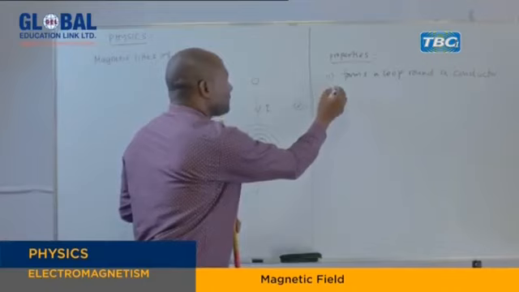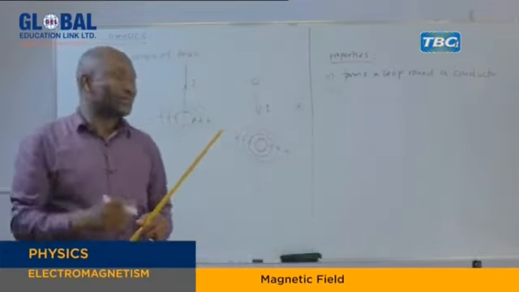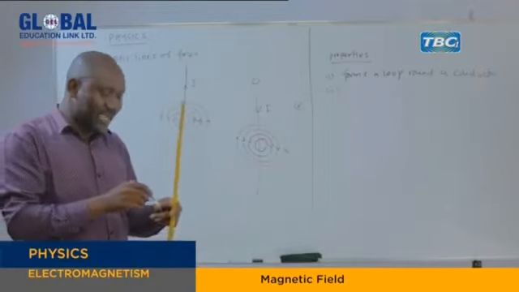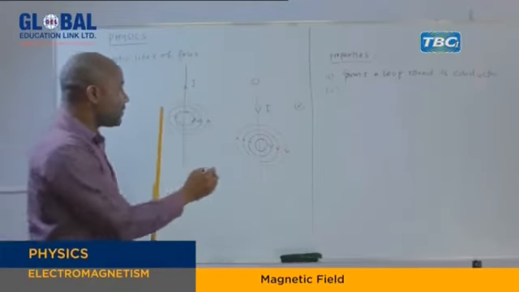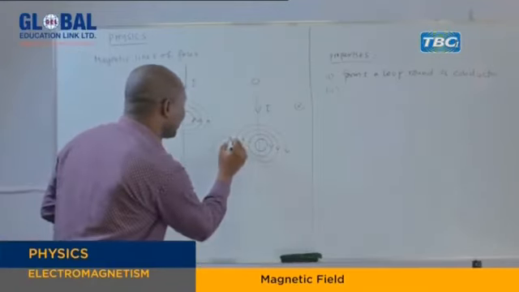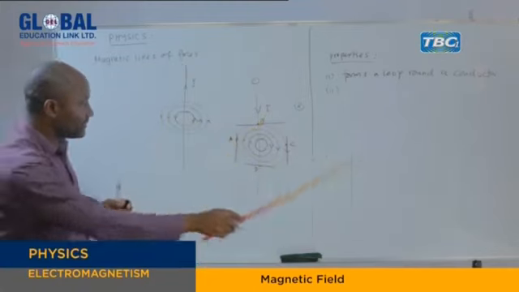Property number two is about a tangent line drawn. If you draw a tangent line on this line of force, for example at this point A, this point B, this point C, this point D, we know here the magnetic line of force was moving up to the side.